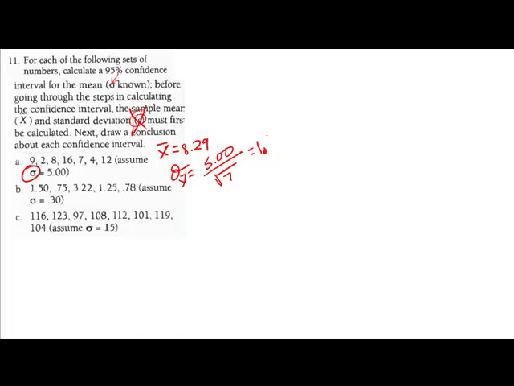Okay, so 1.89. So my confidence interval is now going to be my mean plus and minus my z-score times my standard error. My mean was 8.29, plus or minus my 1.96 times 1.89.